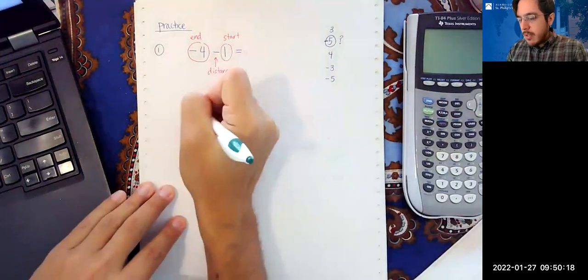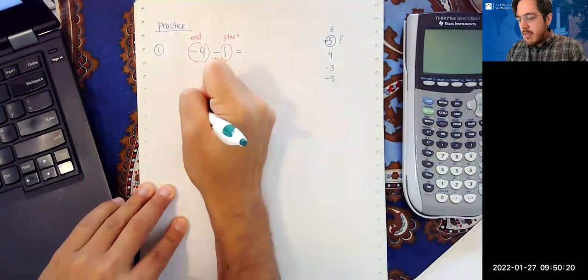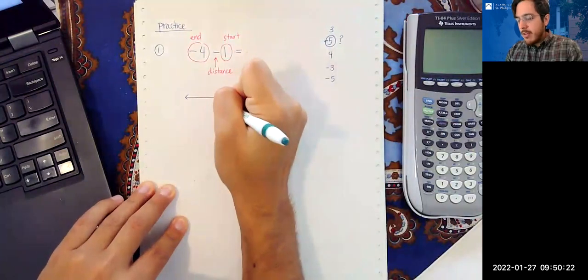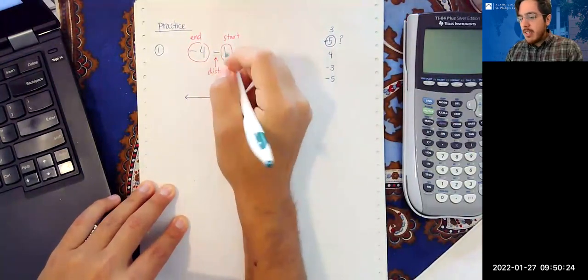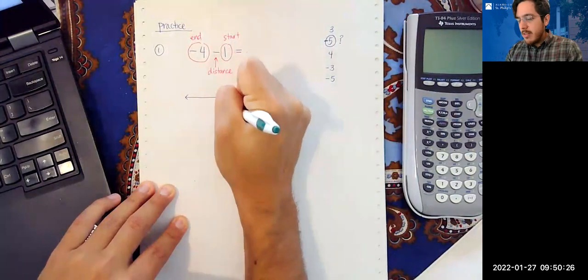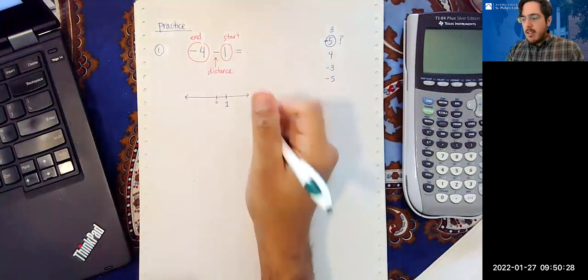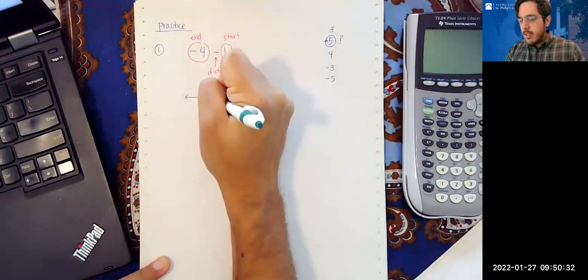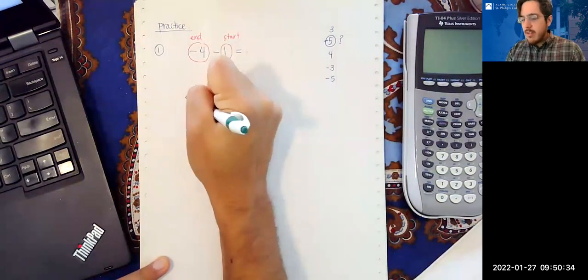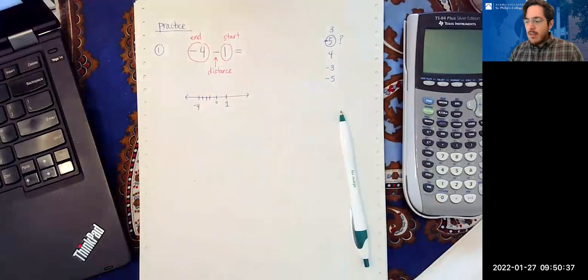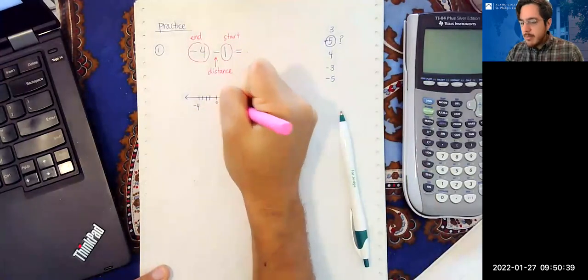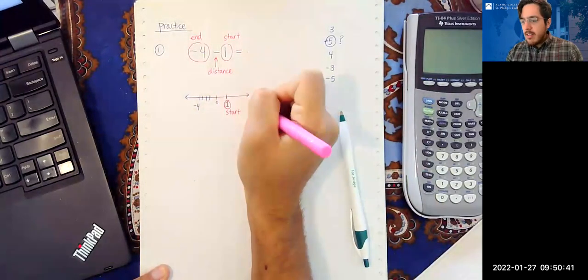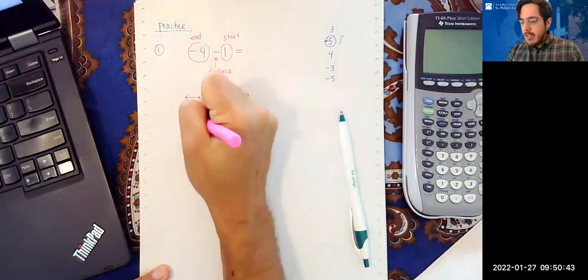So if I were to draw a number line, and let me just put 0 here, I'm going to find my starting place, which is 1. My ending place, which was -4. 1, 2, 3, 4, that's -4. And I need to start here, that's my start, and move to my ending point here.